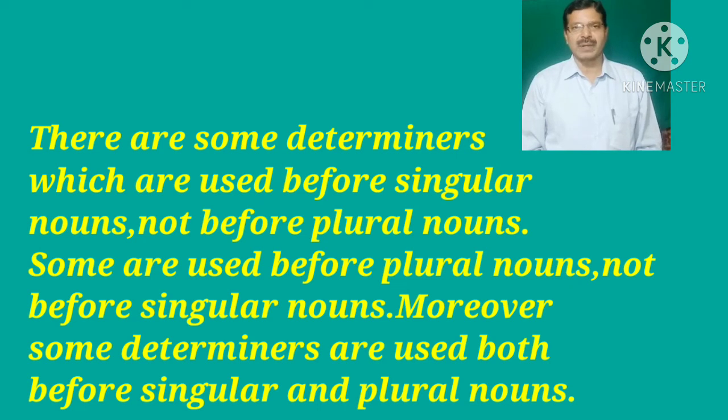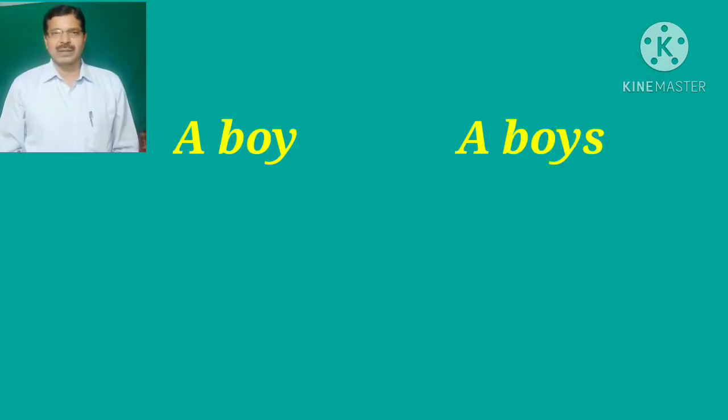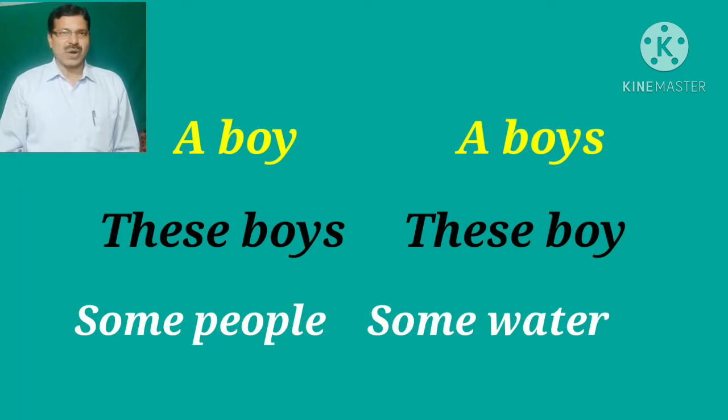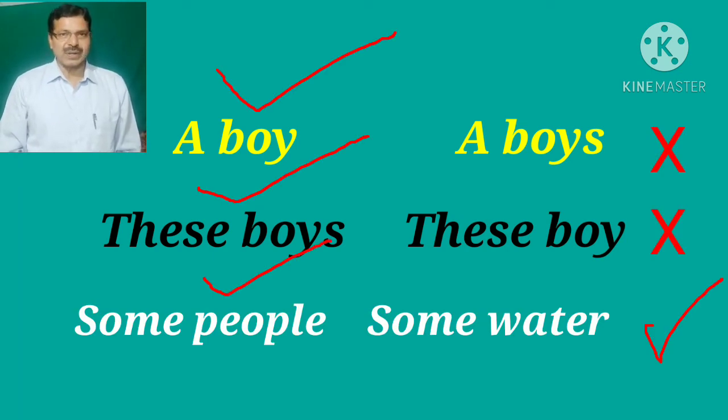You see, this boy, not these boy. Some people, some water. Here you see some people, people is a plural noun, and some is a determiner used with a plural noun, and some water, here water is an uncountable noun which is treated as singular, and we use the determiner some with it.